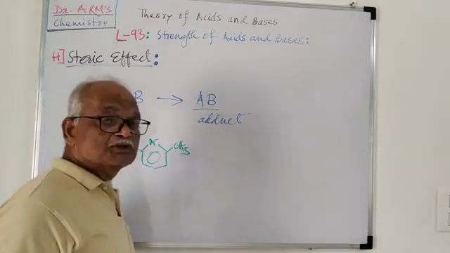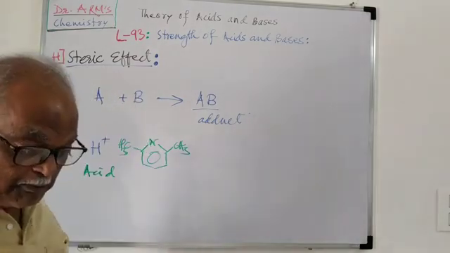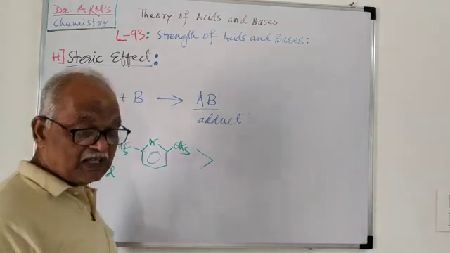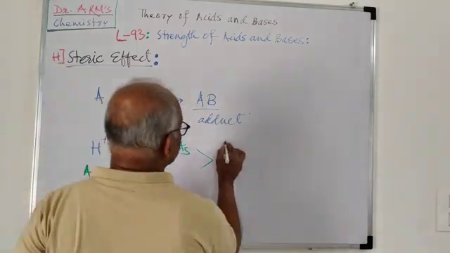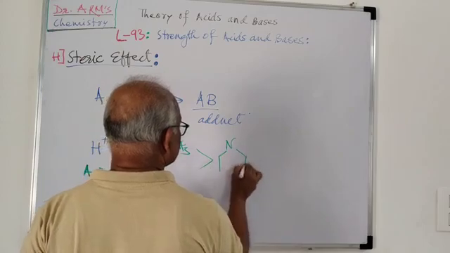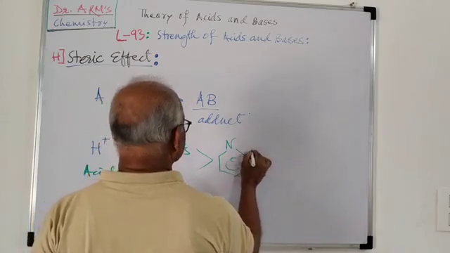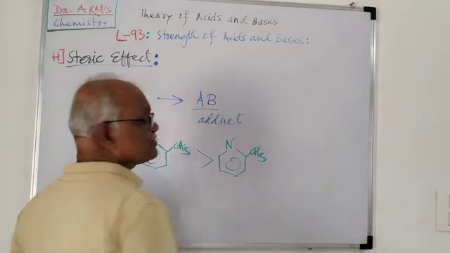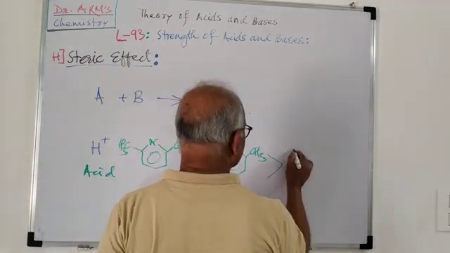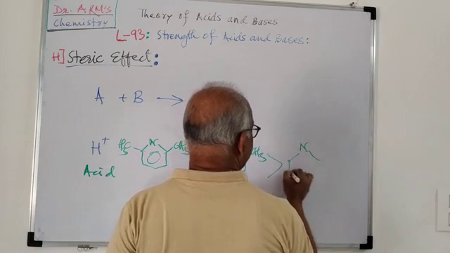This is 2,6-dimethylpyridine. This is a stronger base than 2-methylpyridine. Then this is stronger than pyridine.